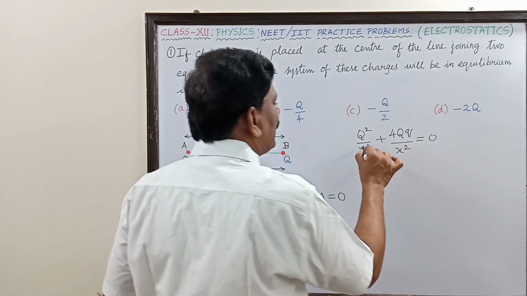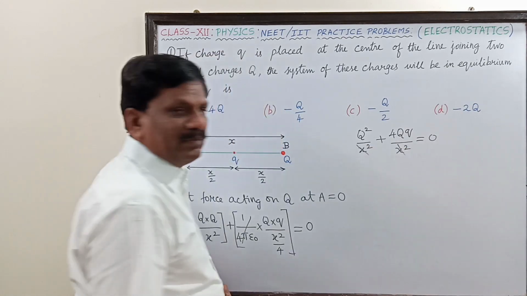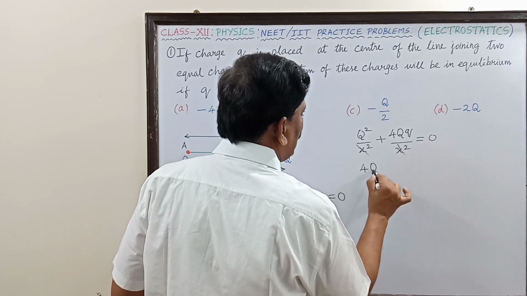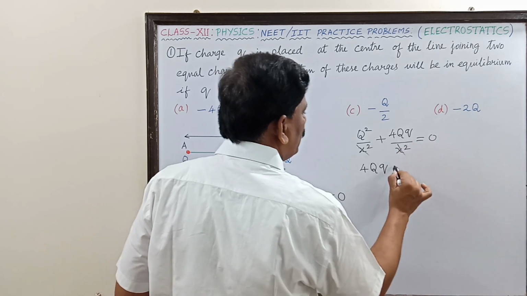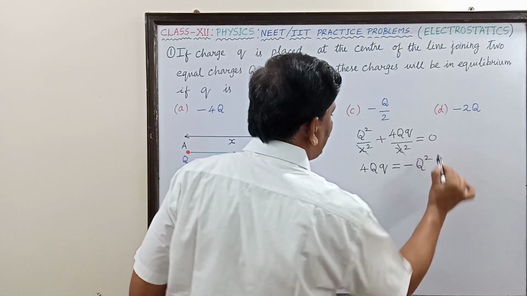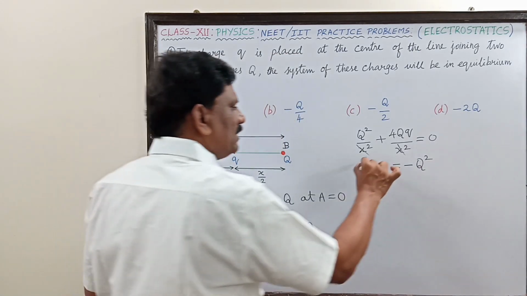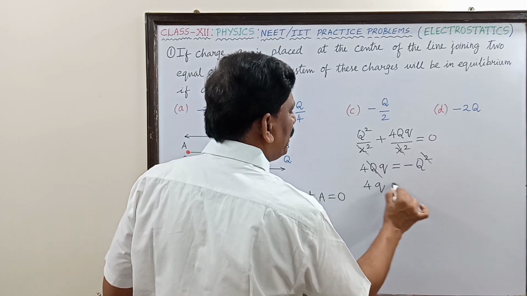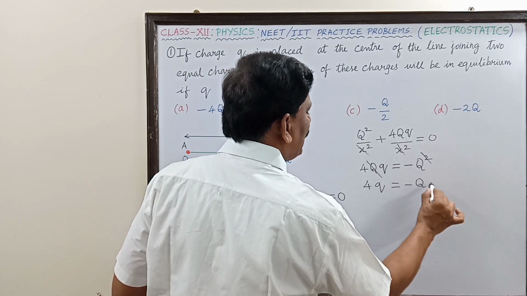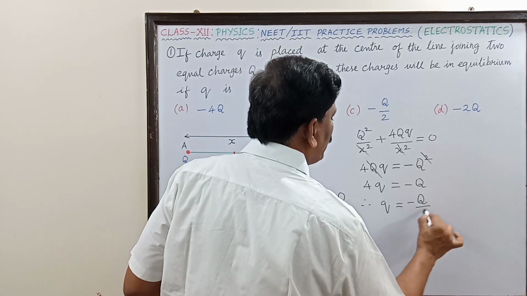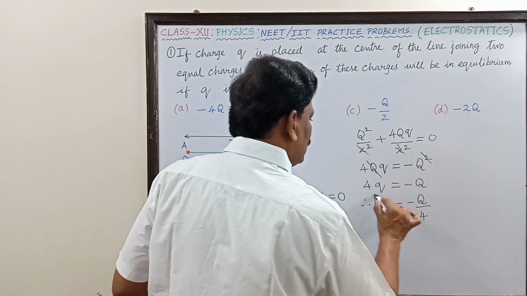Now once again we can eliminate the term in the denominator. So 4 capital Q small q is equal to minus of Q square. So this Q and this power get cancelled. So 4 small q is equal to minus capital Q. Therefore q is equal to minus of capital Q divided by 4.